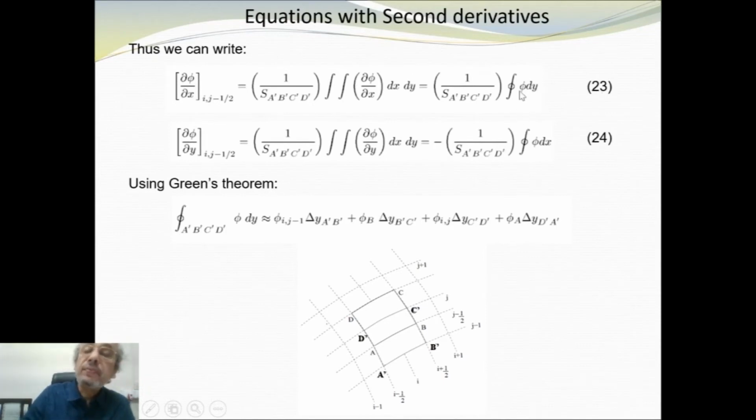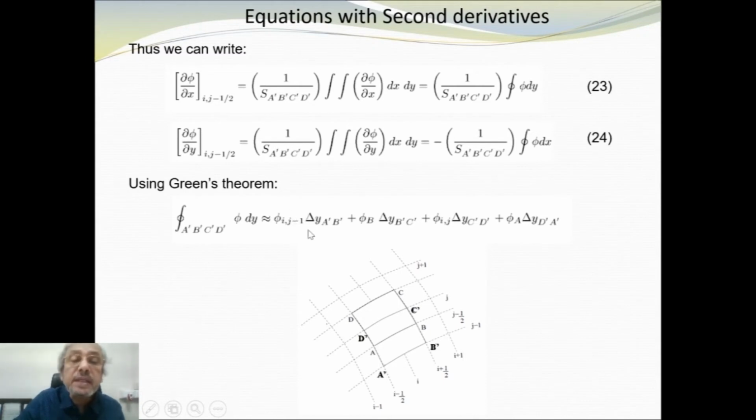So we have first evaluated the line integral of phi dy over A prime, B prime, C prime, D prime. Now we can clearly see that we have to integrate phi dy. Phi at this point is basically i, j minus 1.